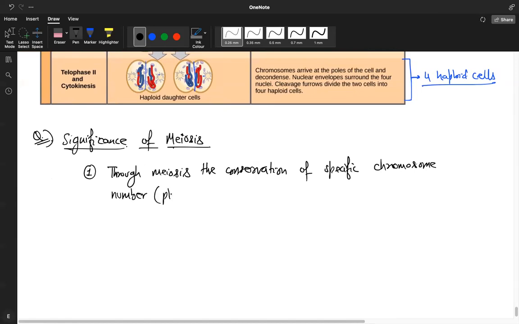What do we call it? Ploidy, right? Whether it's haploid or diploid, 2N, 3N and whatever. So through meiosis, the conservation of specific chromosome number of each species is achieved across generations. Clear, Aisha, Neeram? Yes, sir.